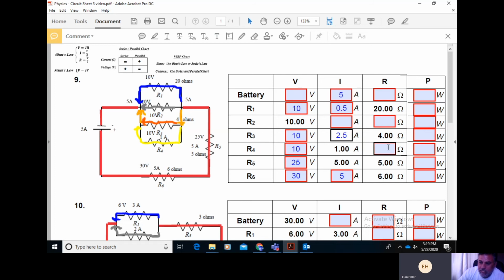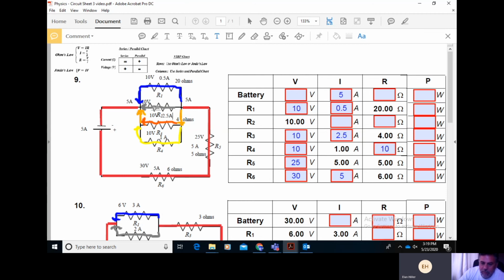For instance, finding resistor 4, we can do that by going 10 volts divided by 1 amp, which is 10 ohms. And lastly, we can find the current across resistor 2. We know the current across resistor 1 was half an amp. We know the current across resistor 3 was 2.5 amps.